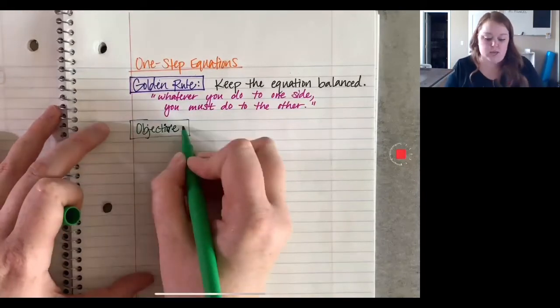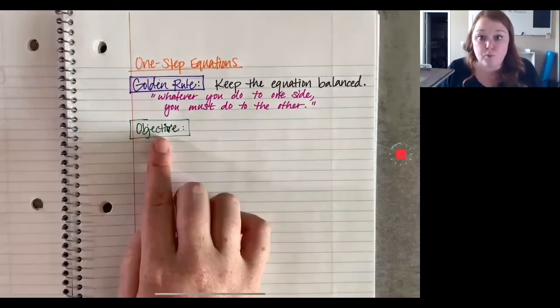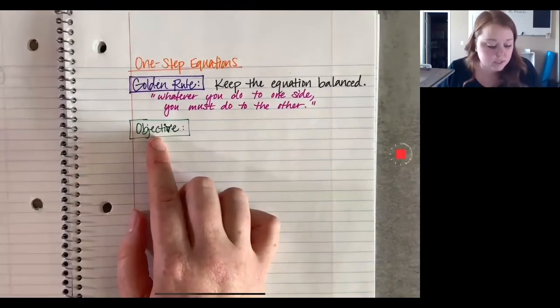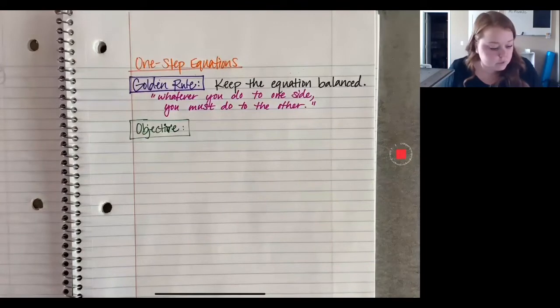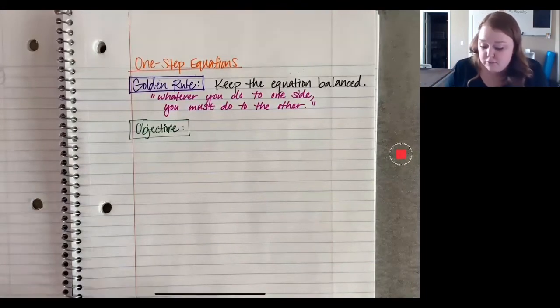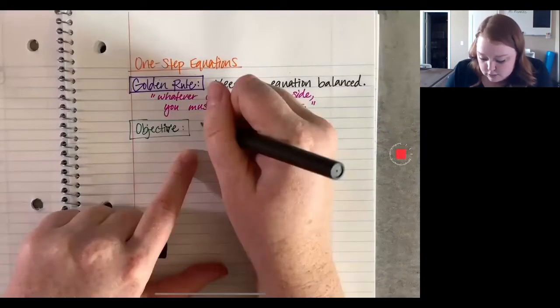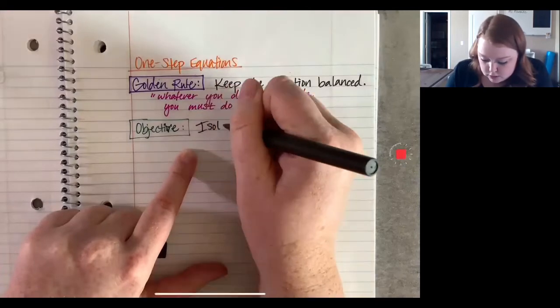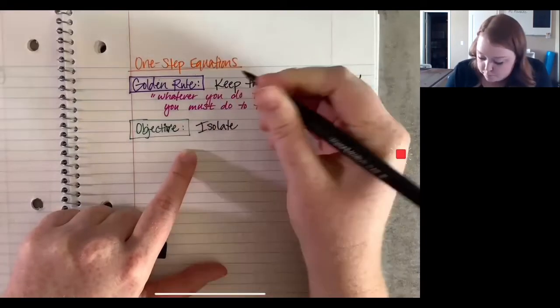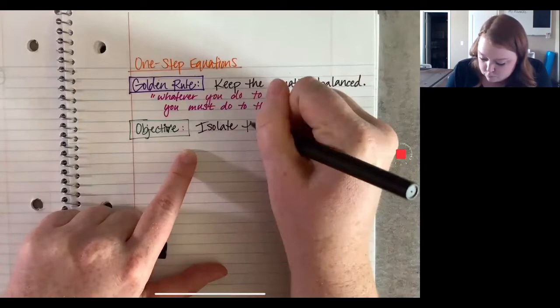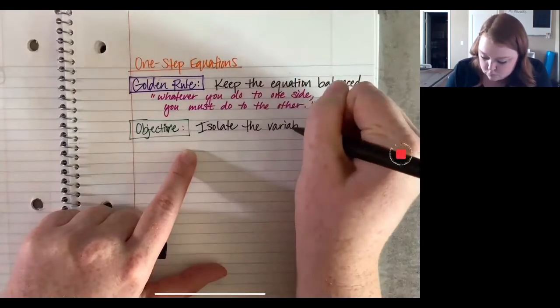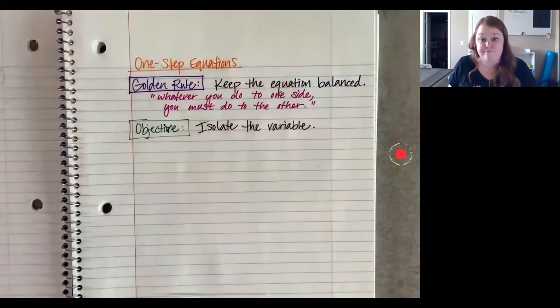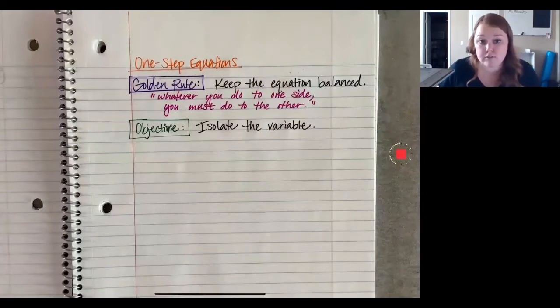Okay, and what I mean by objective is the whole point of this, the goal, what we want to do at the end here. Well, the objective is to isolate the variable. That's the goal. Isolate the variable.